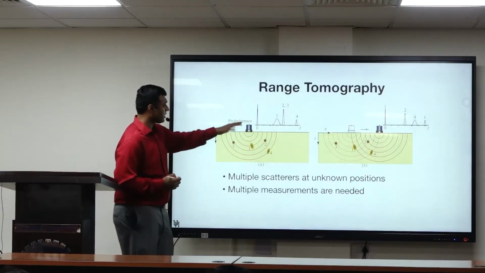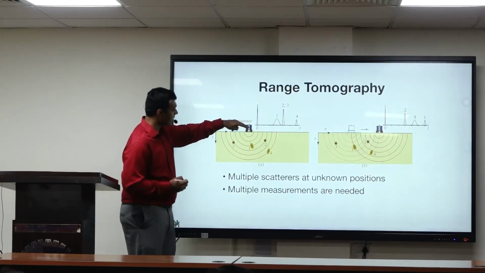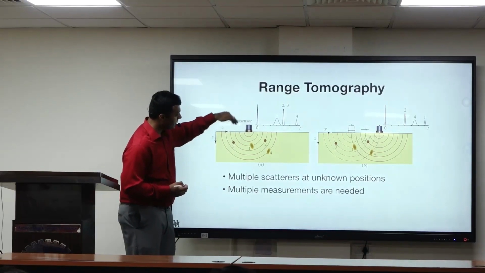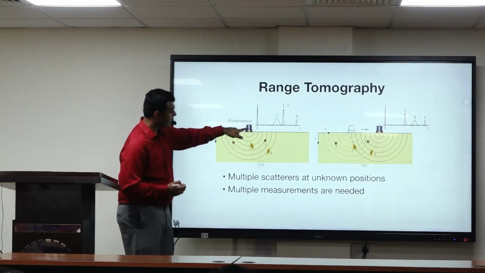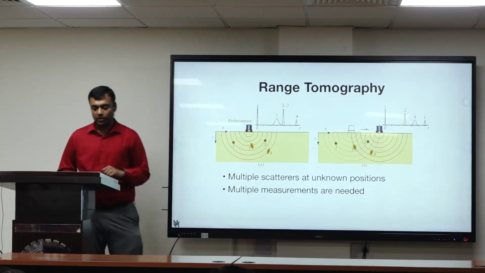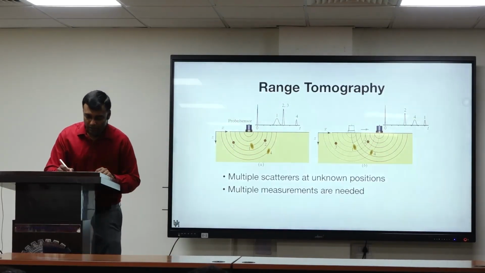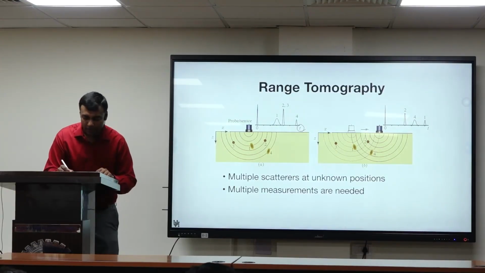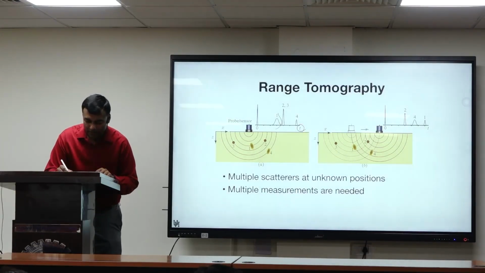Now, if you look at the distance of the different objects to this particular probe and make a measurement as a function of time, you will get the signal at 1, and signals at 2 and 3, because they are on the same circle.